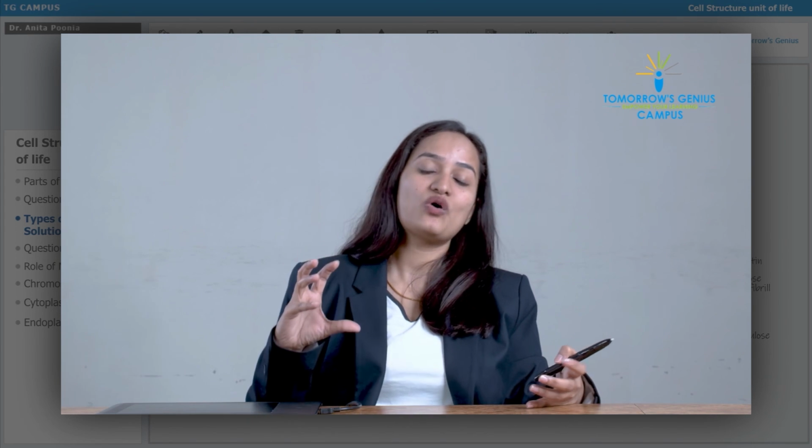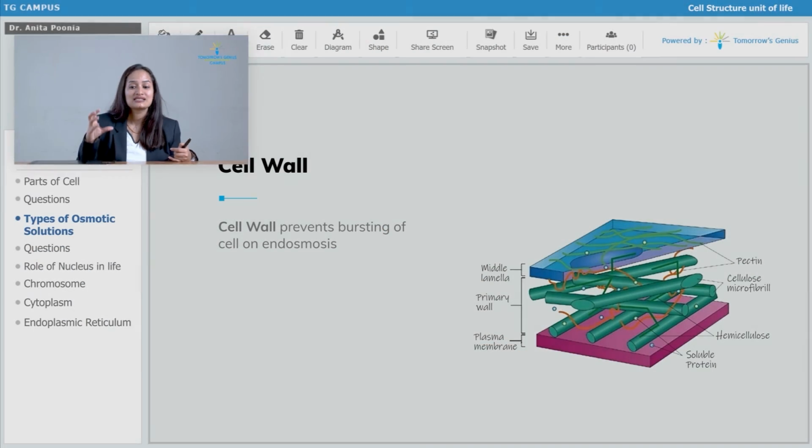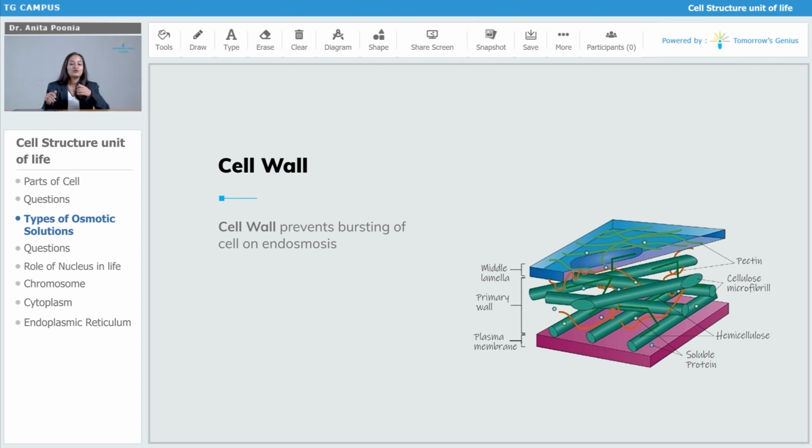It is the cell wall that's providing that mechanical support and preventing the bursting of the cell during endosmosis. The cell wall also has the ability to withstand a lot of variation in nature, because it's the outermost layer, so it has the ability to face a lot of changes in nature.